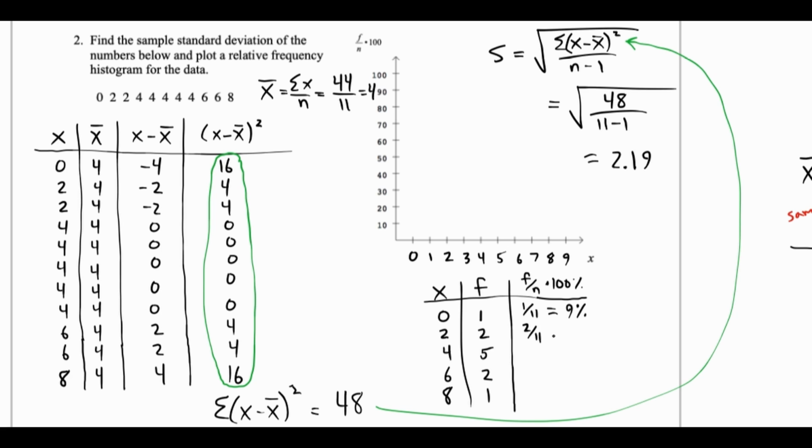Then we got 2 over 11. 2's represent 18% of the data. 4's represent 45% of the data. That's a big component of the data there. Almost half the data. And we get 18%, and 1 over 11 makes 9%.